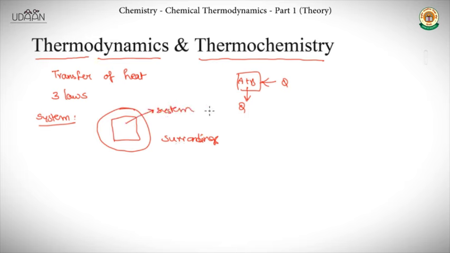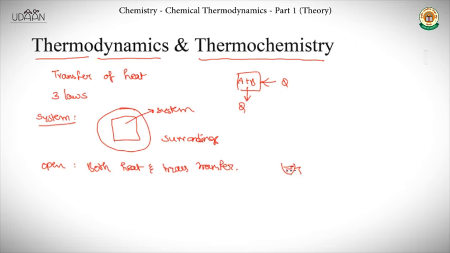So what kinds of systems exist in nature? See, there are three types of system. One is the open system. In an open system, we have both heat and mass transfer. Like a cup of tea, probably. Exactly. Suppose you take a cup of hot tea.